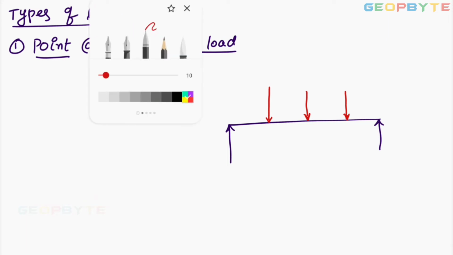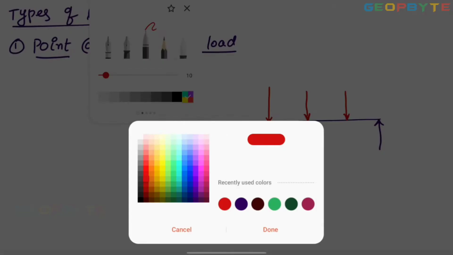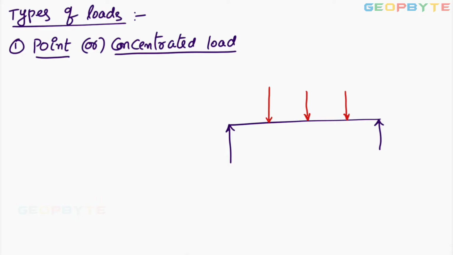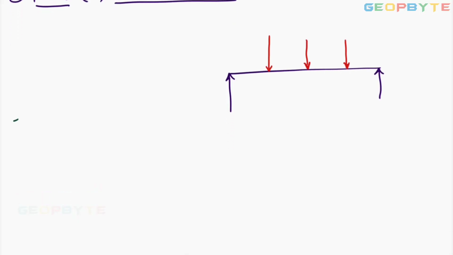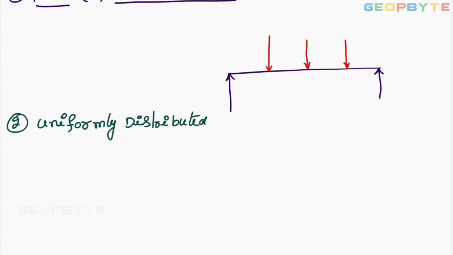The second kind of load is uniformly distributed load, popularly called UDL.